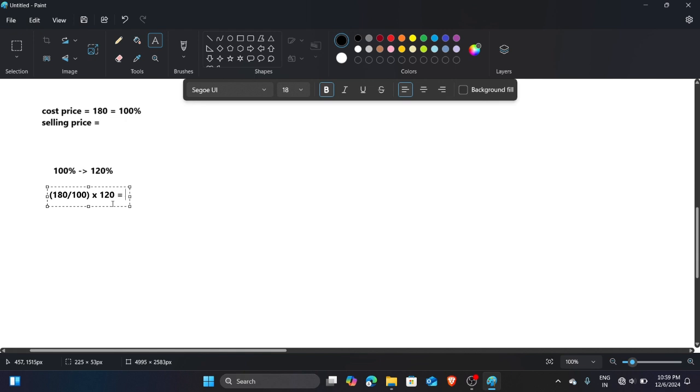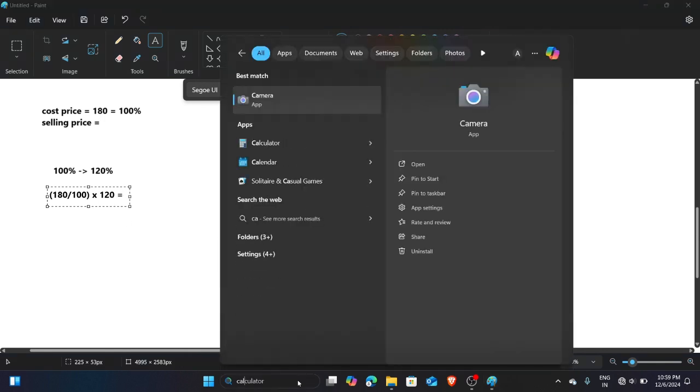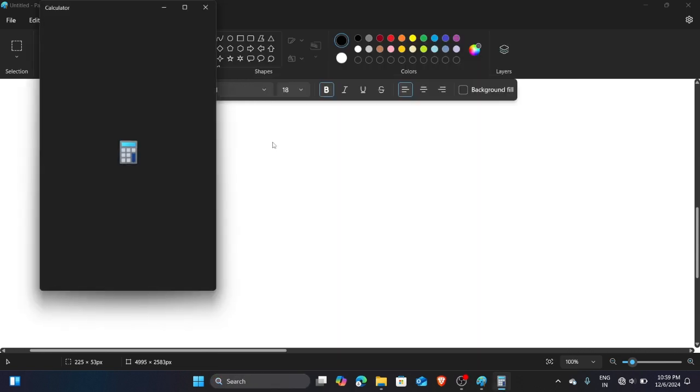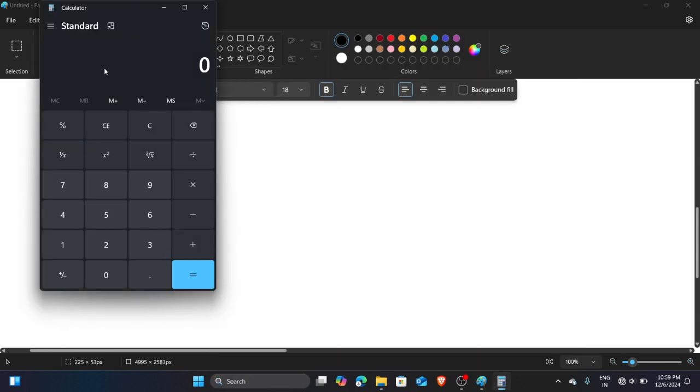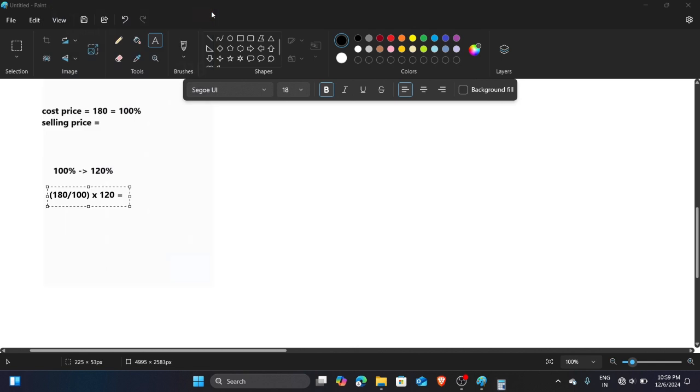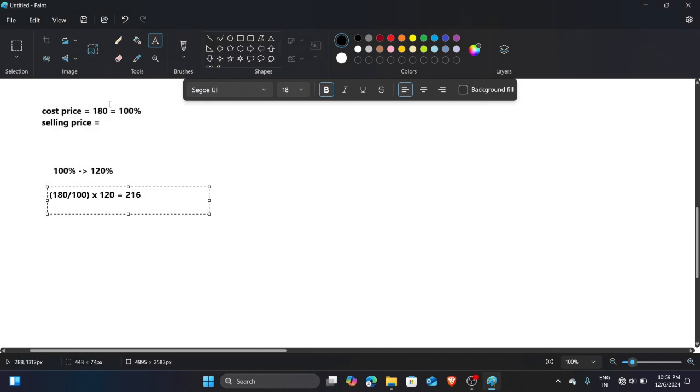Here the answer is 12 into 180, so 216. The selling price is nothing but 216.